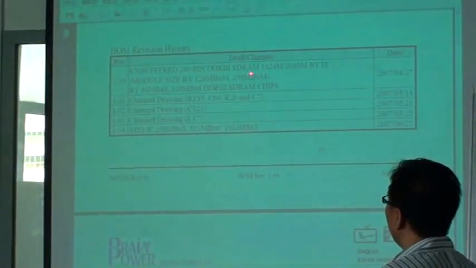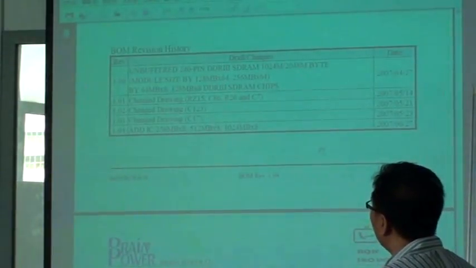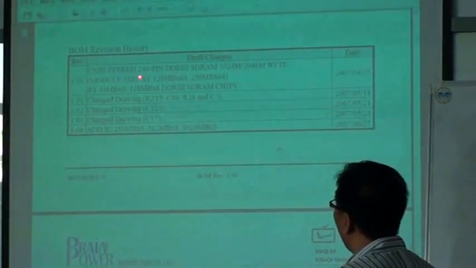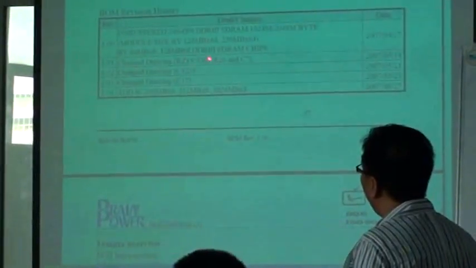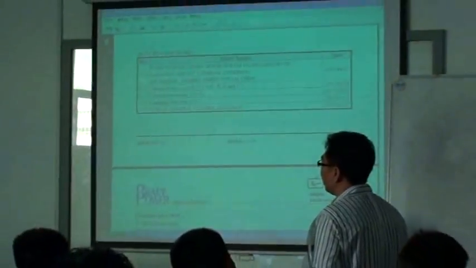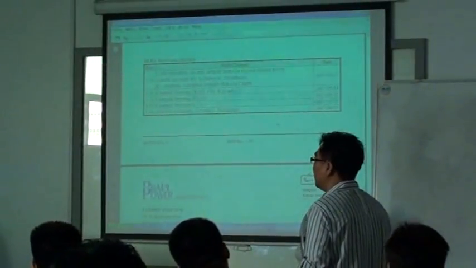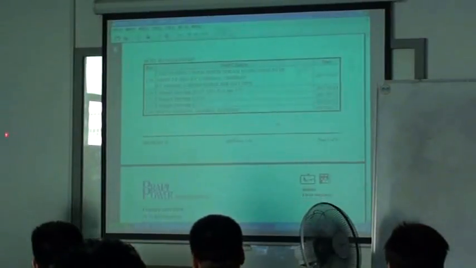On both sides, 240-pin, this is the density of the RAM, right? 1,000 or 2,000 depending on the chip, by the module size at 128 times 64 or 256 times 64. So we have different chip and module sizes, 64 times 8 or 128 times 8, DDR3 DRAM.